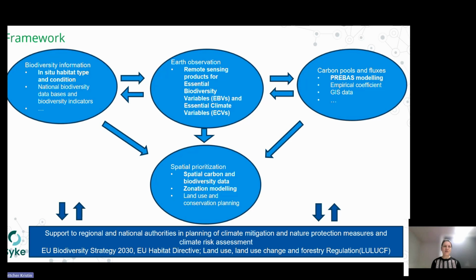So what we would like to combine is biodiversity information and Earth observation, like satellite information, these remote sensing products for essential biodiversity variables and essential climate variables, and then also information on carbon storage pools and fluxes. And this should feed into a spatial prioritization frame that would allow us to prioritize carbon and biodiversity for spatial planning, basically using Zonation modeling.